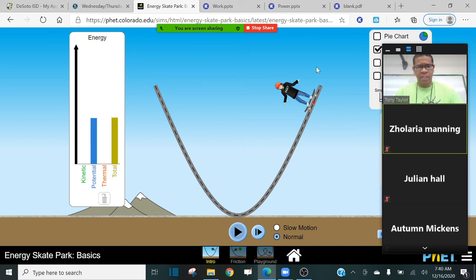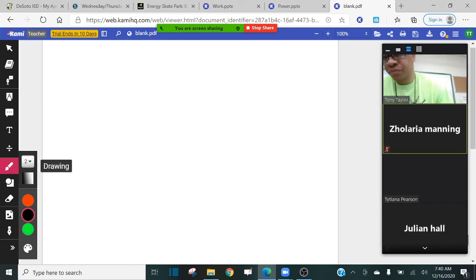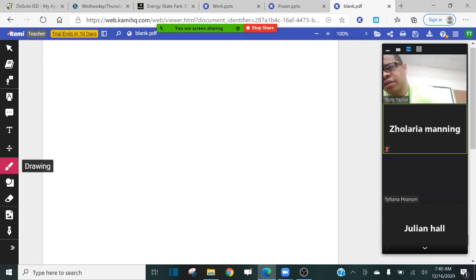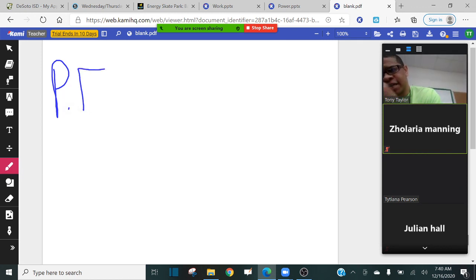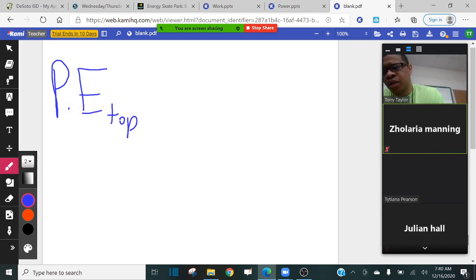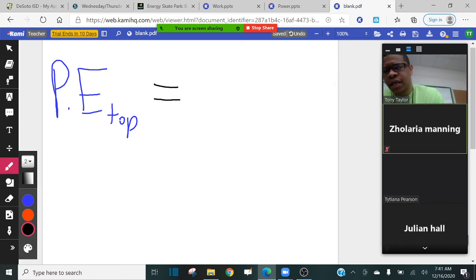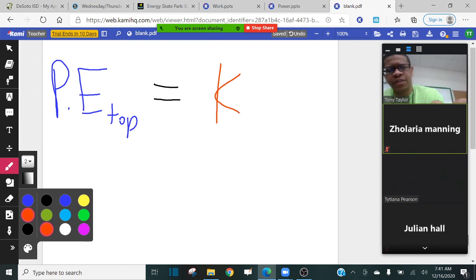The guy's potential energy at the top will be equal to the kinetic energy at the bottom. And again, the assumption is that we are ignoring friction here.